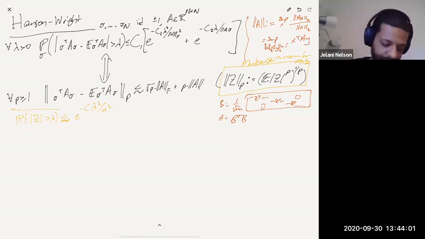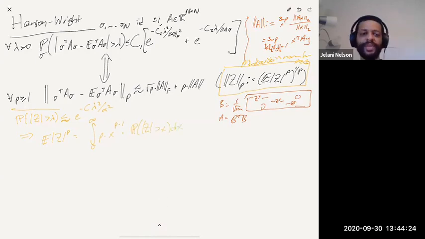Why? Because what is the expectation of z to the p? That's equal to the integral from 0 to infinity of p times x to the p minus 1 times the probability that z is greater than x, dx. Okay, right.